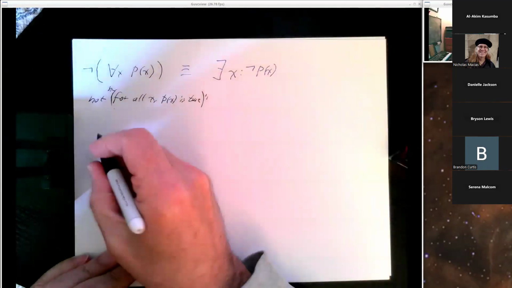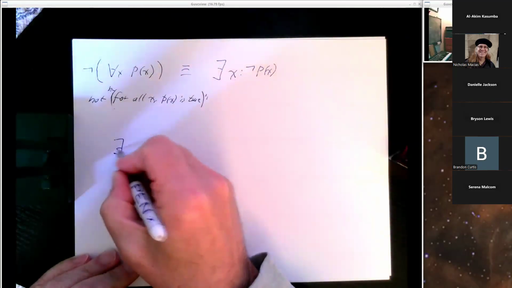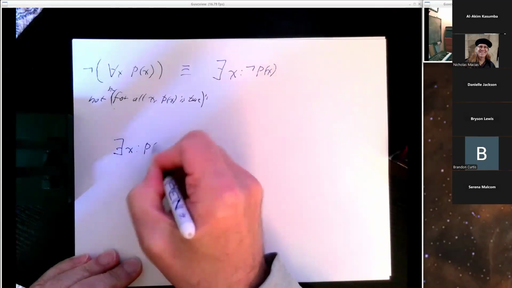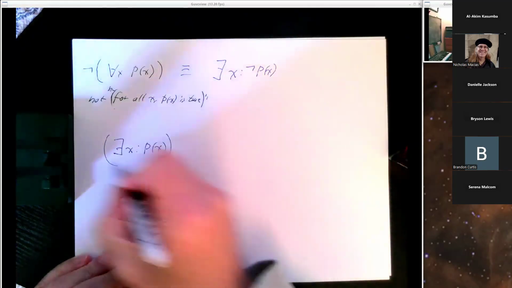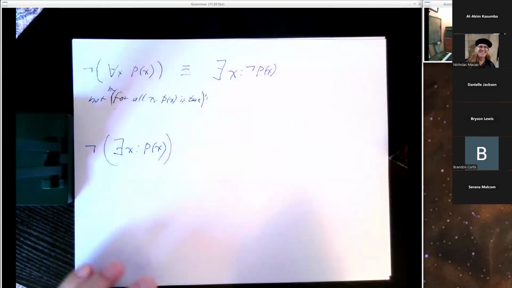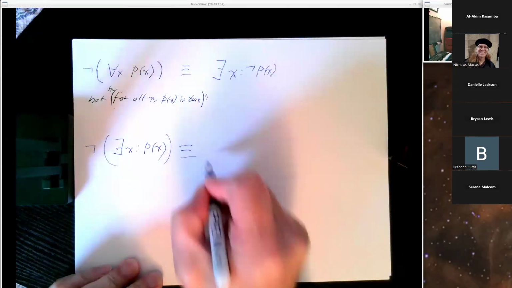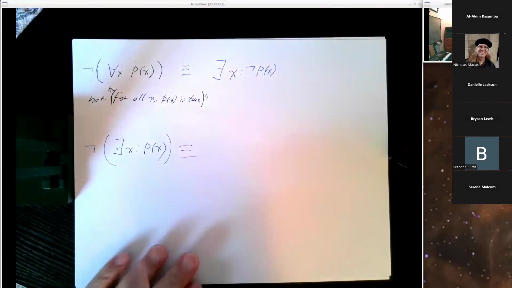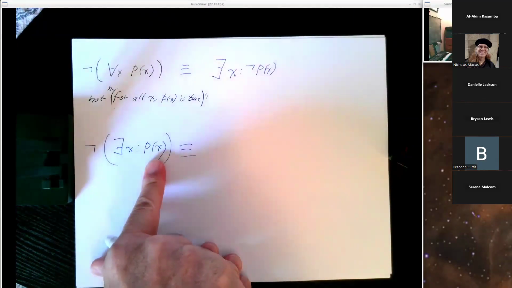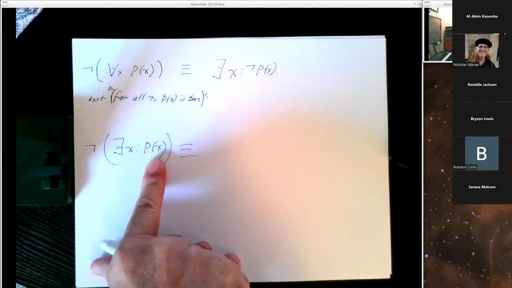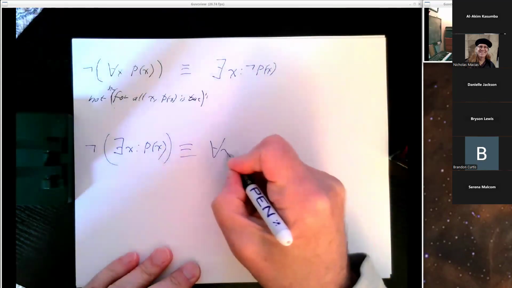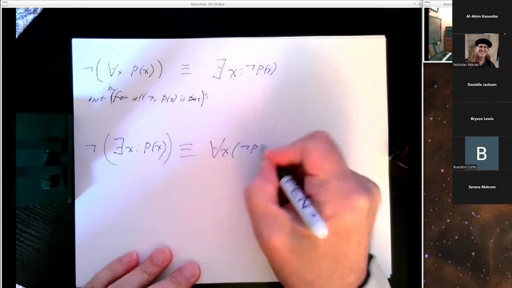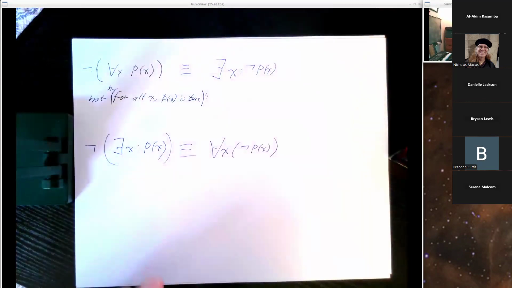And by the same measure, there exists an x such that P of x. If there does not exist an x such that P of x, if there is no fruit such that the color of that fruit is rainbow, then it means for all fruits, the color is not rainbow.